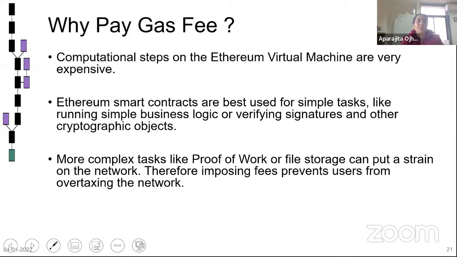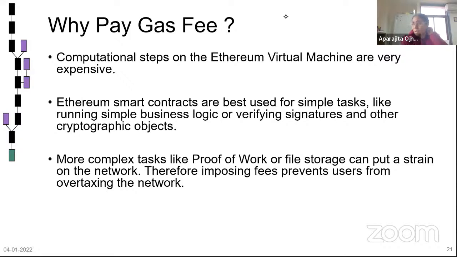More complex tasks like proof of work or file storage can put a strain on the network, and therefore imposing a fee prevents users from overtaxing the network. That is the reason why gas fee is charged. Otherwise, what will happen? Suppose the course is free, all of them will be attending the course without actually bothering to get the certificate, right?